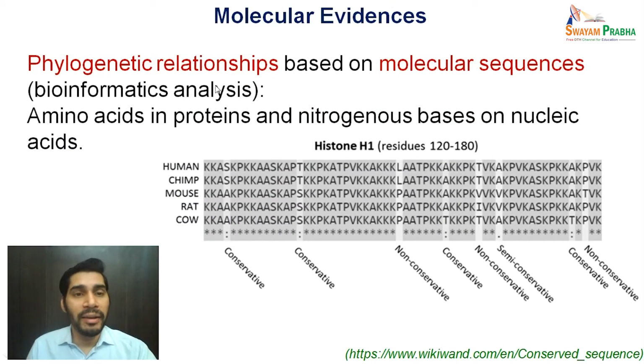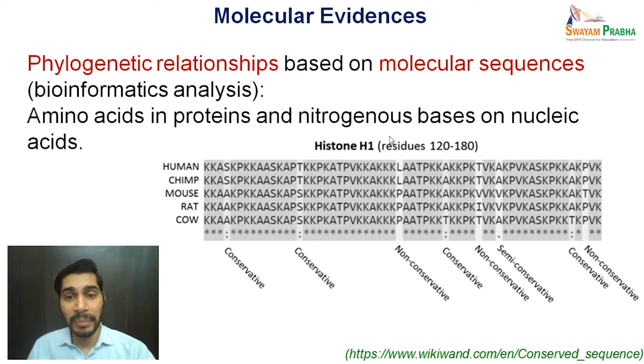So, when we discuss phylogenetic relationships based on molecular sequences, like amino acids in the case of proteins or nitrogenous bases in the case of nucleic acids, using various bioinformatics approaches, this comes under molecular phylogeny or molecular evidence of evolution.